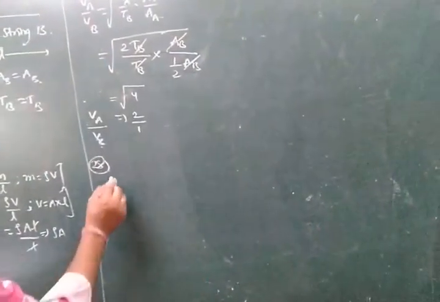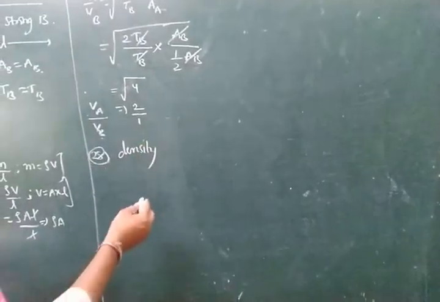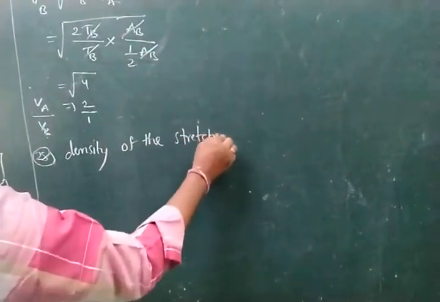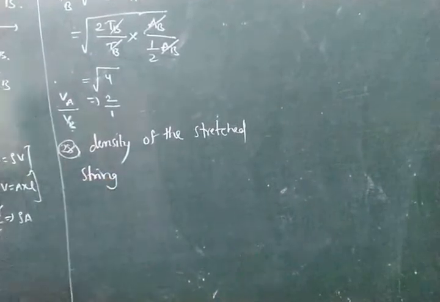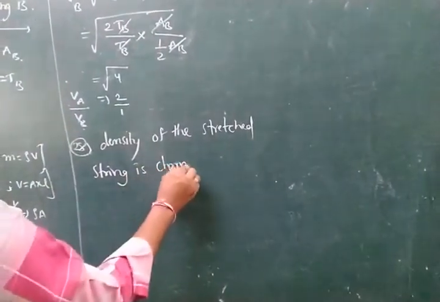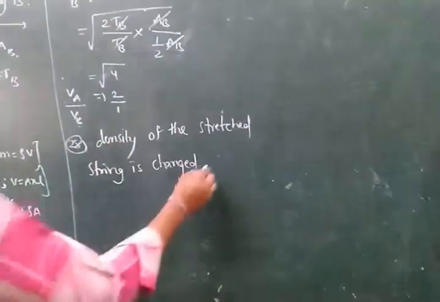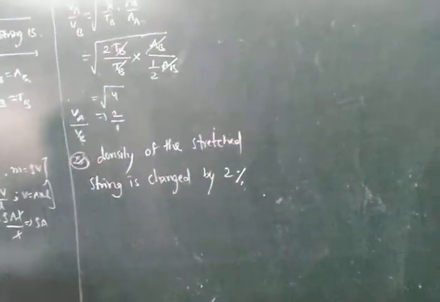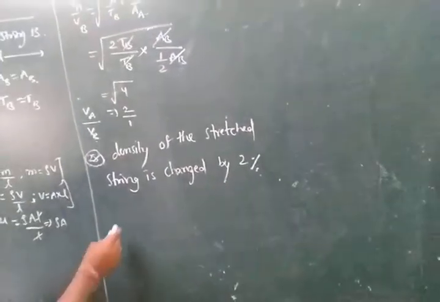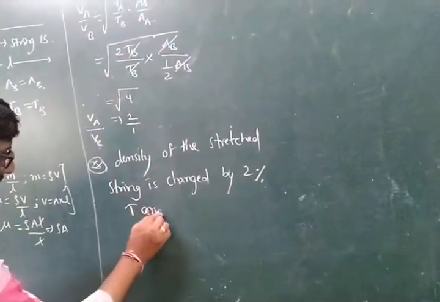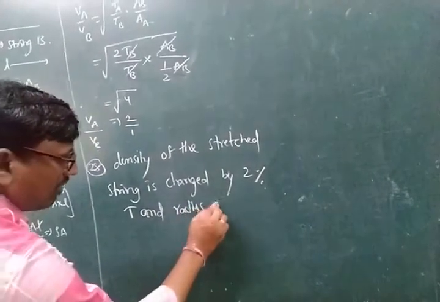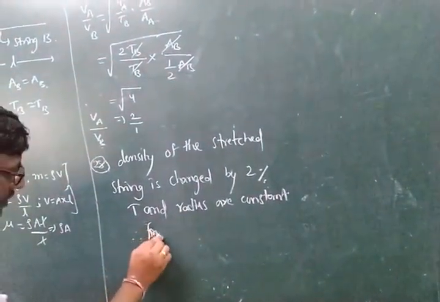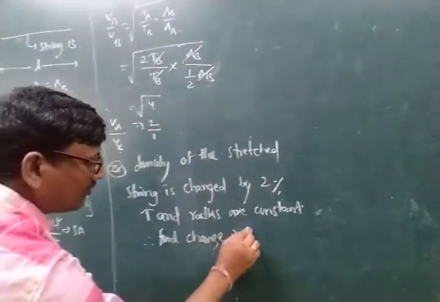See, the tension and radius are constant. Therefore, find the change in velocity.